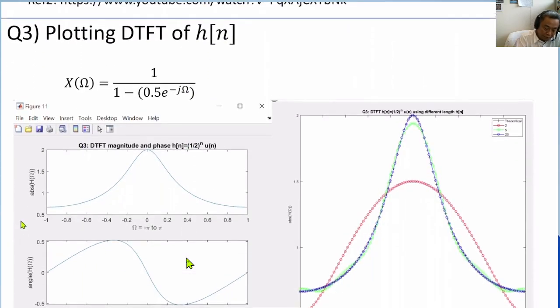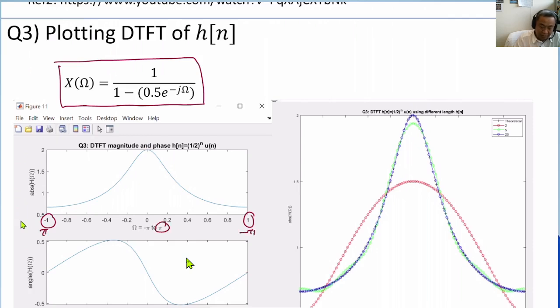So let's copy down our formula, and have minus pi to pi. This is normalized to pi, so it's minus 1 times pi, and here's 1 times pi. So this is positive pi. So we plot the magnitude and we plot the angle.